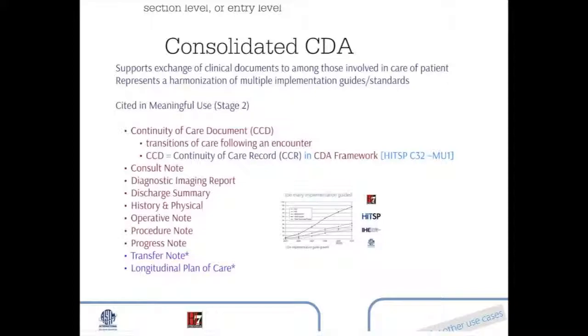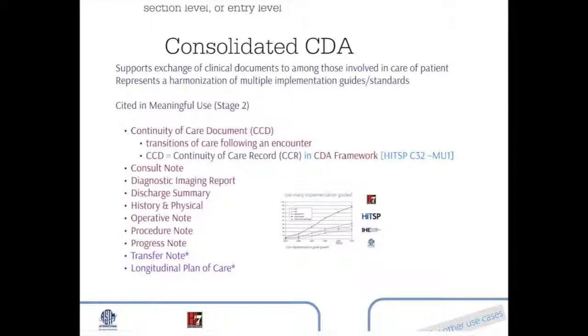The ones in red are the ones that are cited in Meaningful Use Stage 2 now. In HL7 right now, they're currently validating additions to that regarding a transfer note, as well as a longitudinal plan of care. So each of these have their own specific use case.